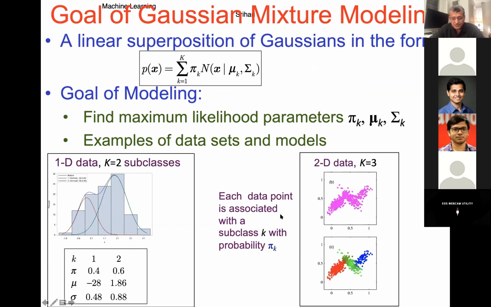Each data point is associated with subclass k with probability pi k. So there is a certain probability pi k associated with each class here, all right? So k equal to 1 through k for each of the x's here. And we're summing over all these values here. So that's where the probability comes into play, the pi k's.